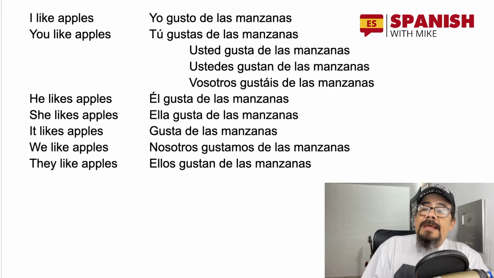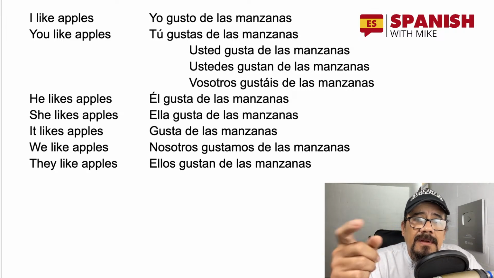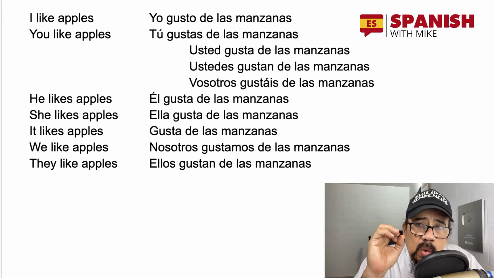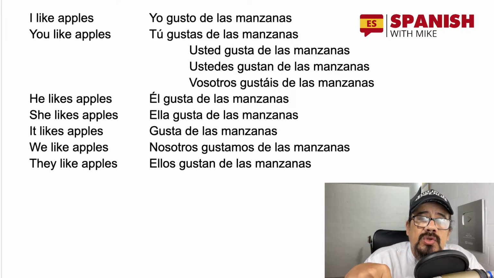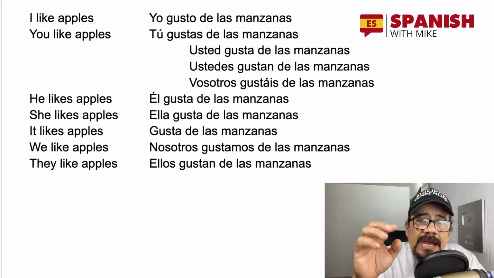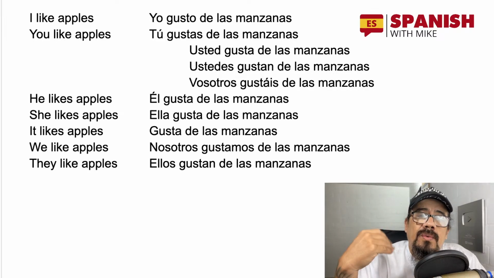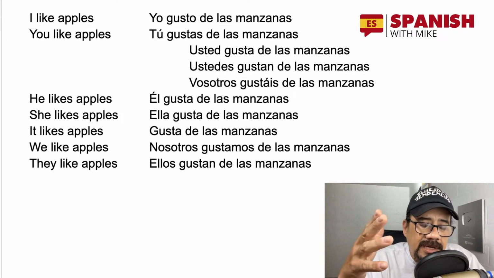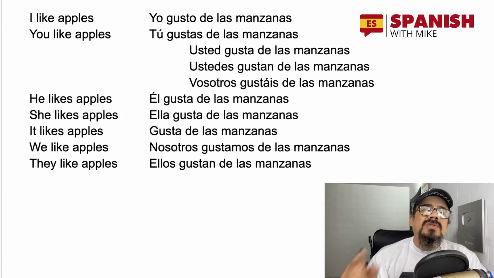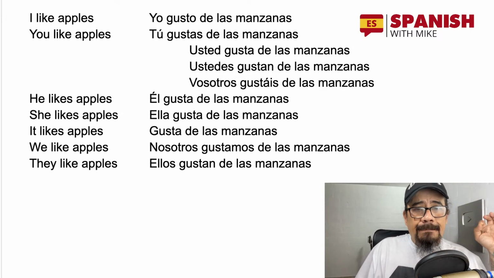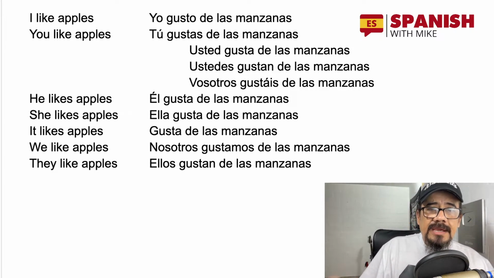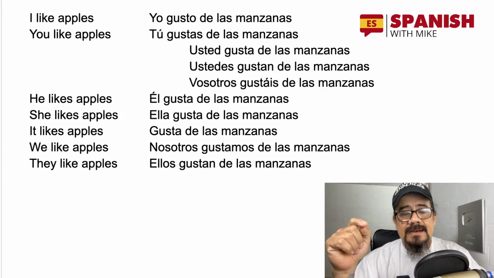So the best literal translation that we could think of for the verb to like to Spanish would be gustar de, if we don't want to go through all of the hassle of dealing with the indirect object pronouns and such. So if I say I like apples, the translation would be yo gusto de las manzanas.